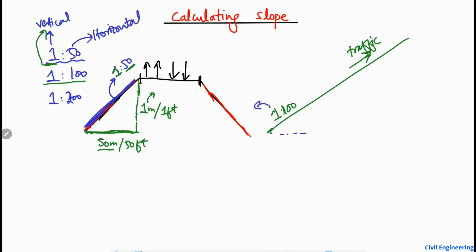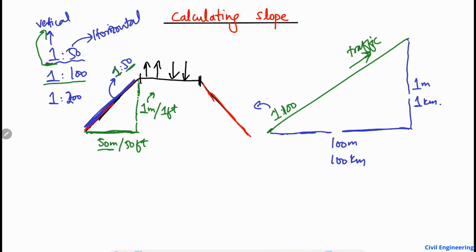If I draw the reference lines here, from here to here, this will always be the reference line. So 1 meter will be the height of this road, and for each 1 meter, the horizontal distance will be 100 meter. If it is 1 kilometer, the horizontal portion will be 100 kilometer.